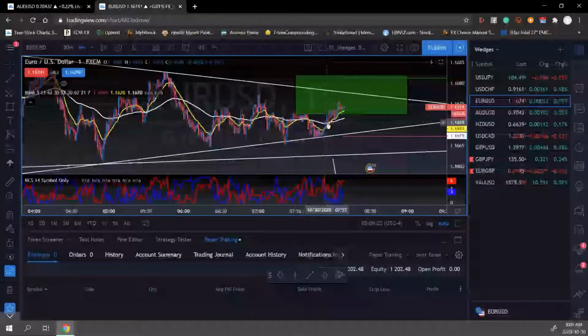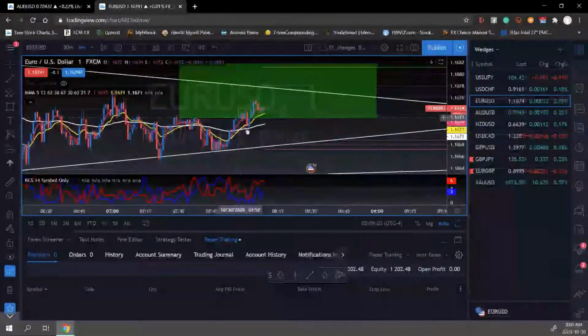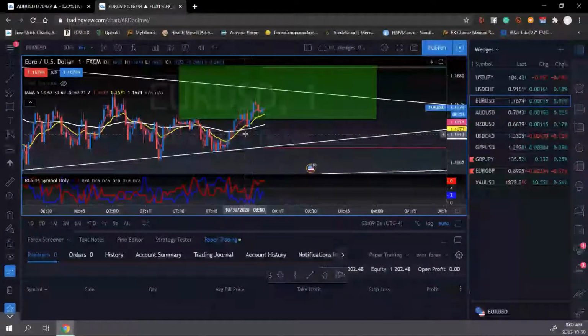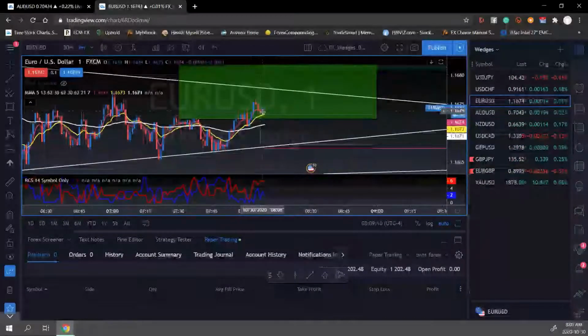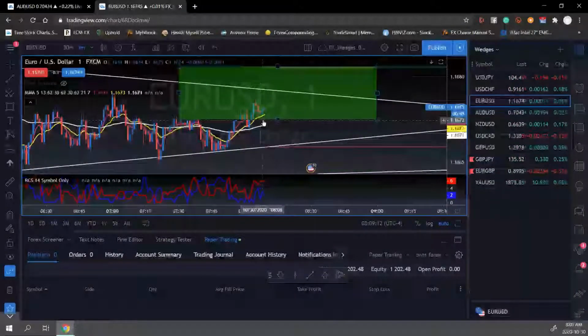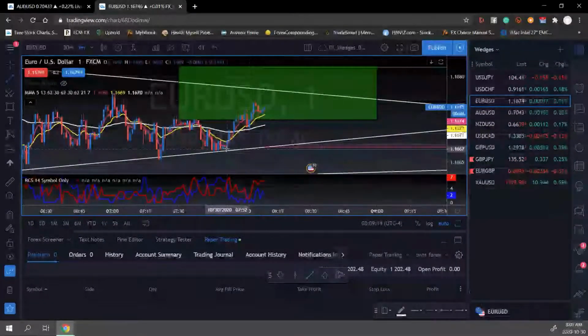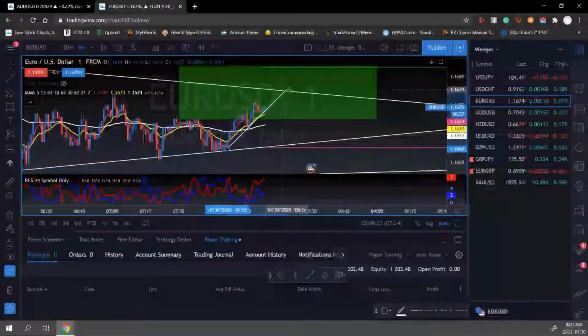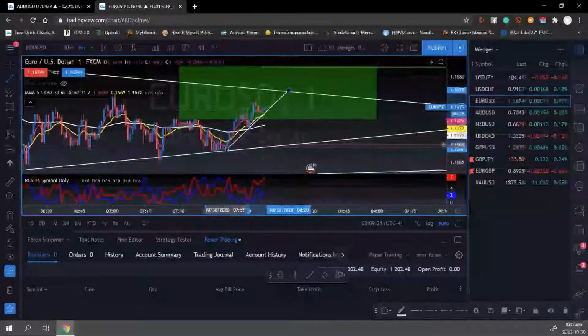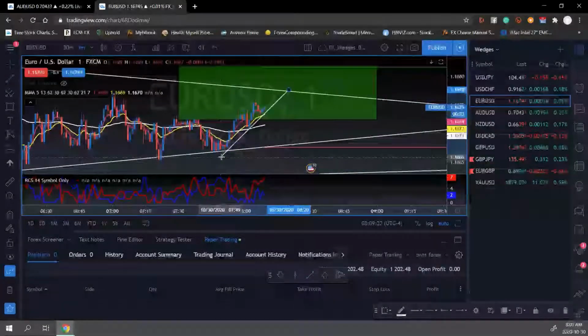We've got, you see how price came and tested the 1 minute 62 right here, and it bounced. So now we've got that little space in between the 62 and whatnot, and as we're waiting, I like to draw trend lines because basically we're trading trend lines.